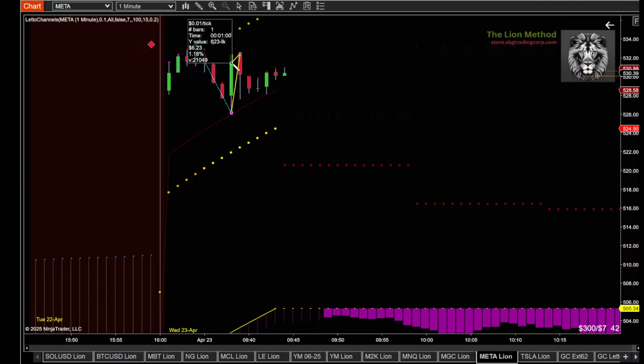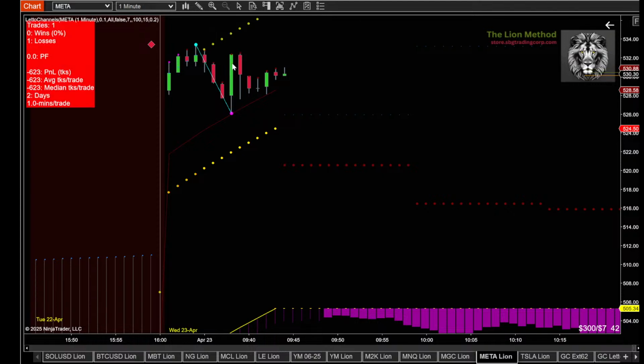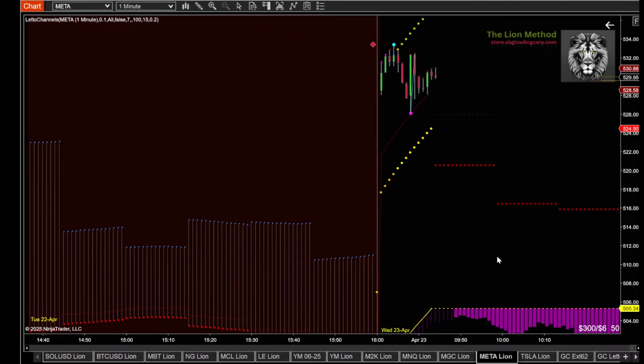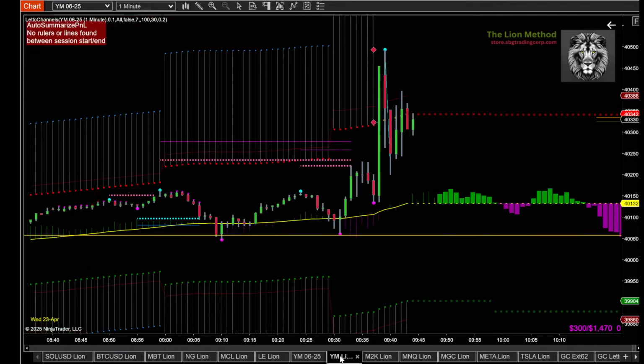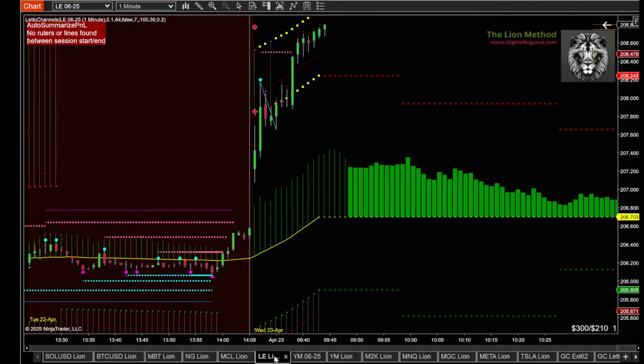So you can see it's $6.23, so it rounds it up to $7 of risk per share. So that's a little position size calculator that appears in the bottom right of the chart with extension 62. All right, we had a lot of movement here.